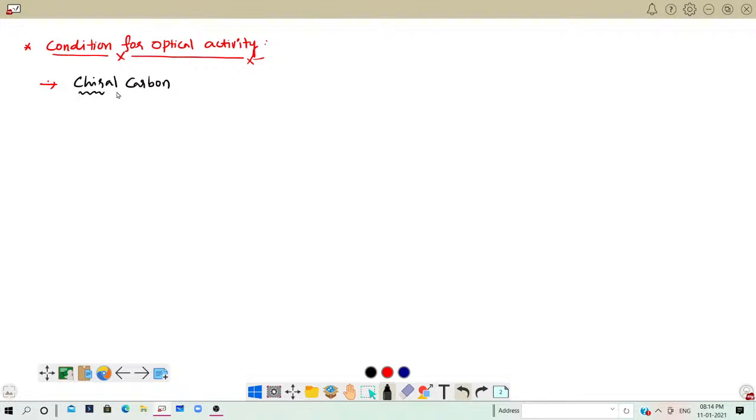So what is chiral carbon? How do you write chiral carbon? So a chiral carbon is a carbon which is attached by four different groups.